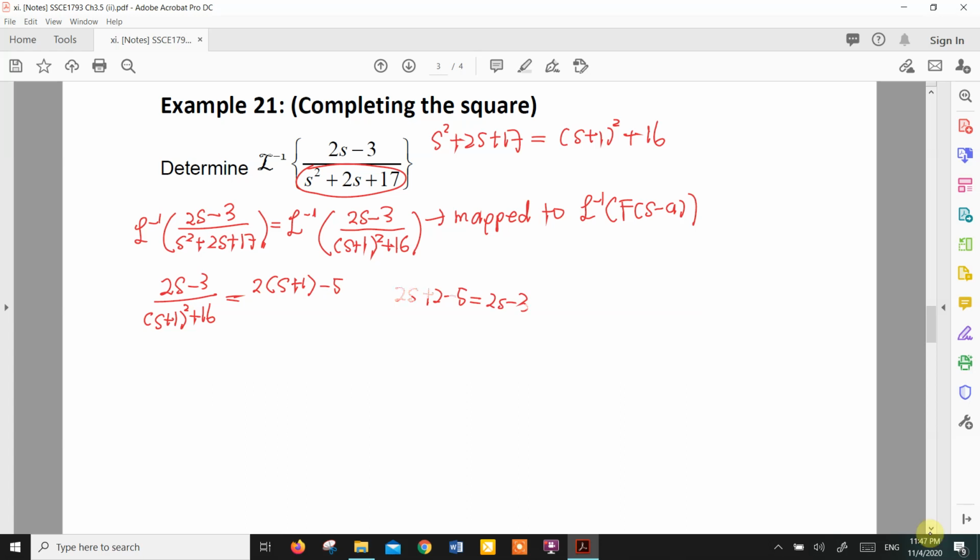Now I have the same function of s minus a.